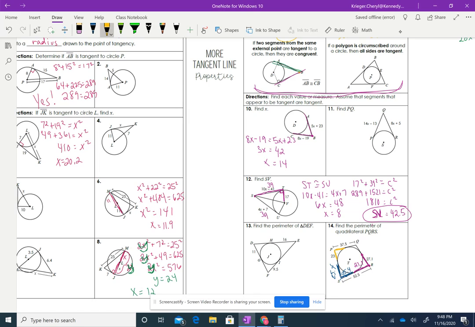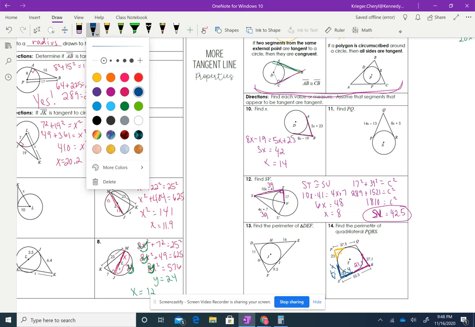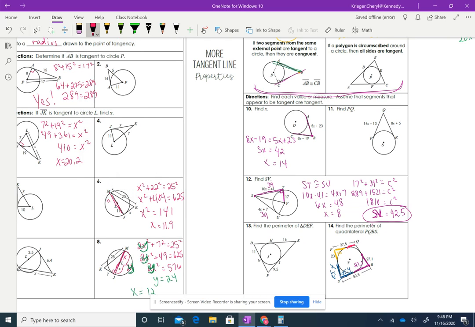Because I know that this is 23. So I'll change the color. This is 14.5, so this part here is also 14.5.